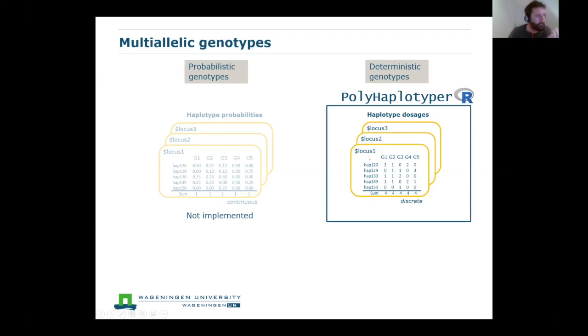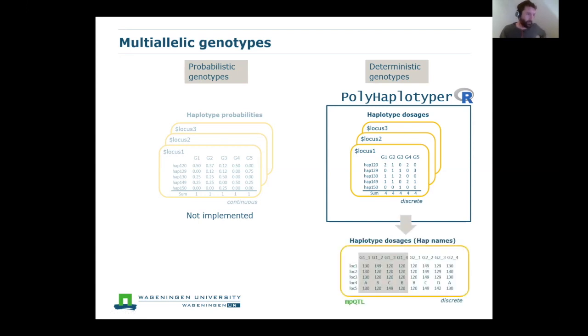So it's a kind of list in which each table is reporting the dosage of each haplotype for each genotype. But actually, the table that is used as an input for mpQTL is the one below. It's just the same, but converted in this way.